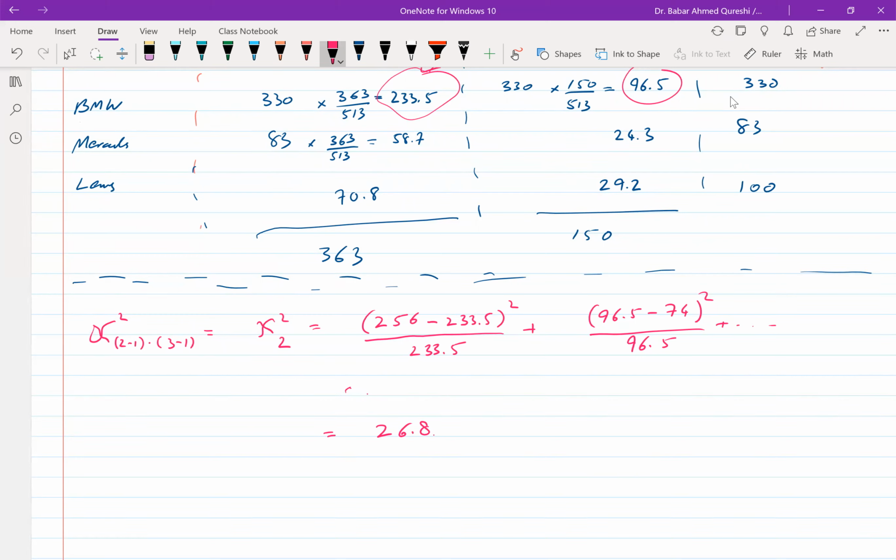Now this 26.8 is a rather large number for a chi-square variable. So if you choose any alpha, let's say we choose alpha to be 0.01, I expect it to give me a chi-square critical value much less than this.